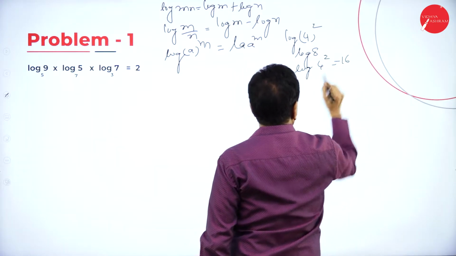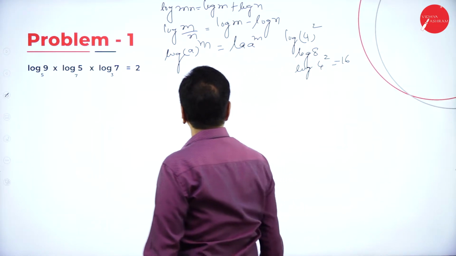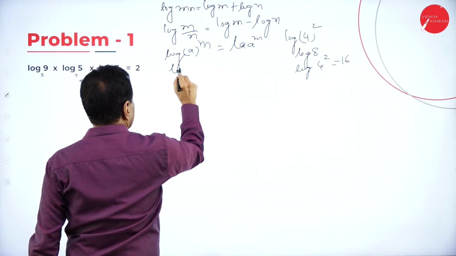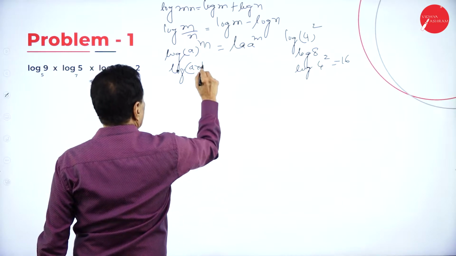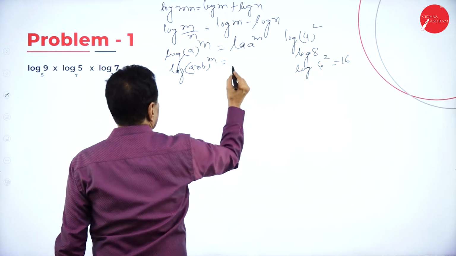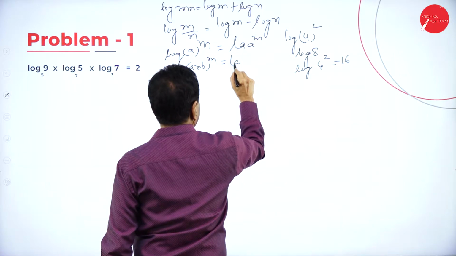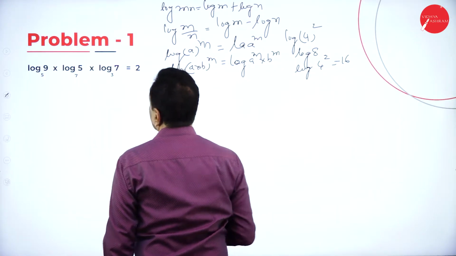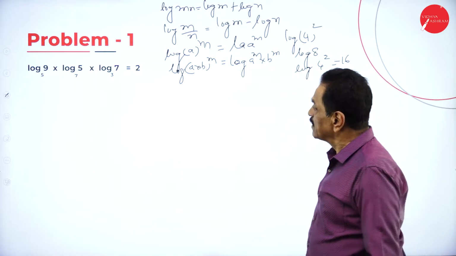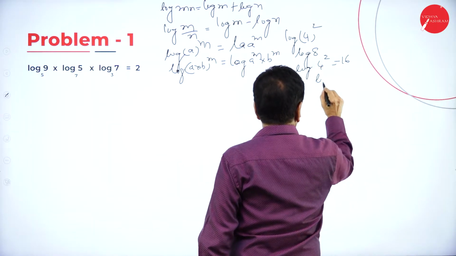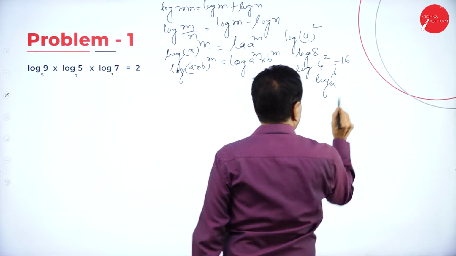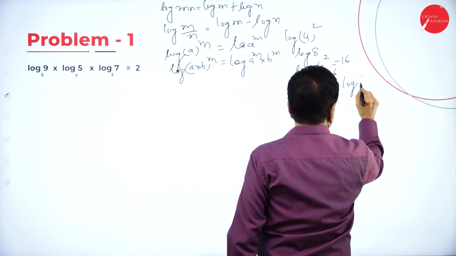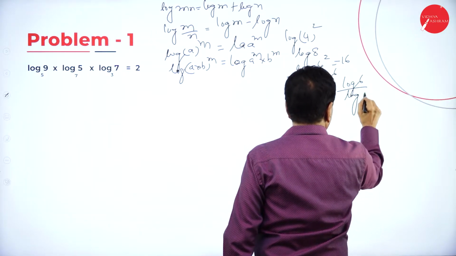Then change of base: log a to the power of m, b to the power of m. Change of base, then you can write log 6 to the base a. This can be written as log 6 divided by log a.